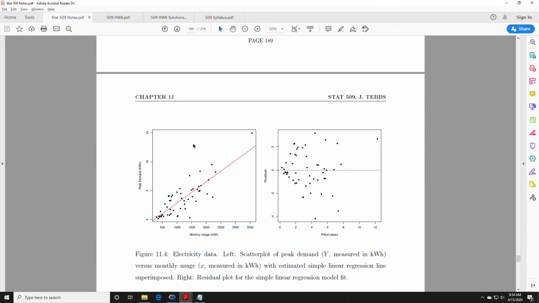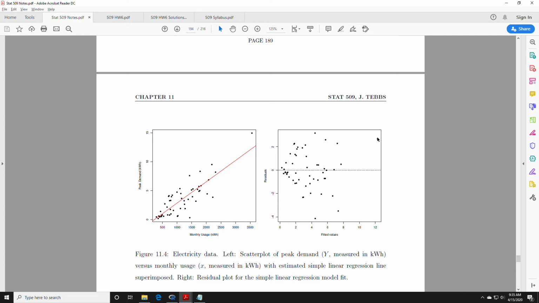Okay, so here's an example. Here's our regression line going through our data, and here is our residual plot. This is an example of a bad residual plot, but not because of this. The first thing your eye might be drawn to is this outlying observation here.